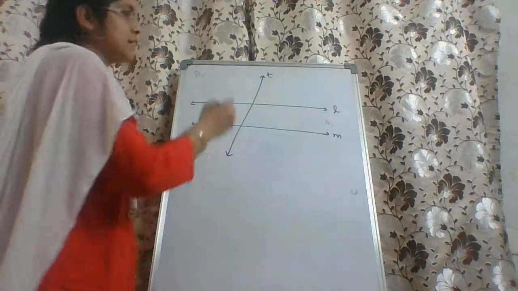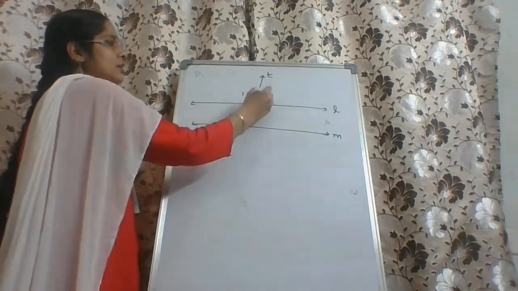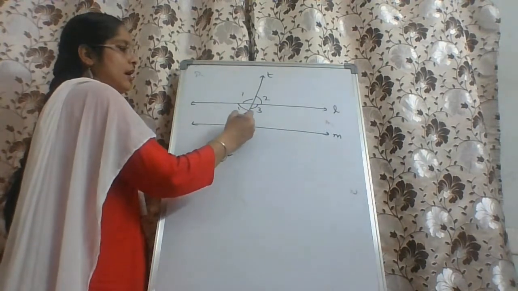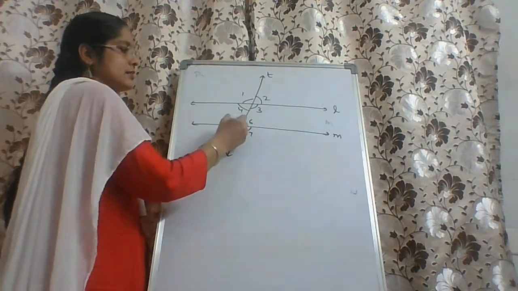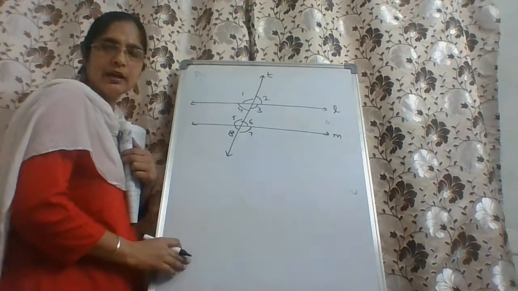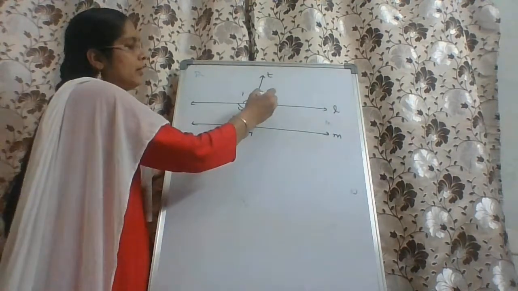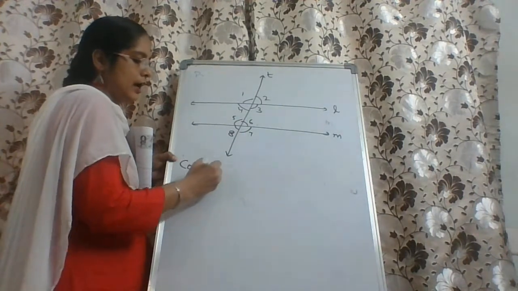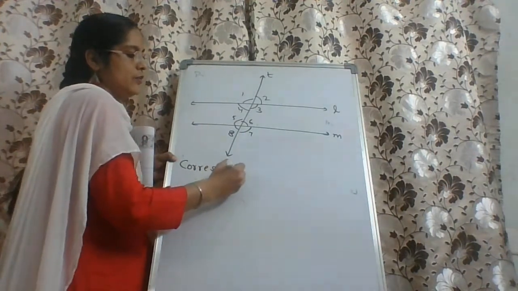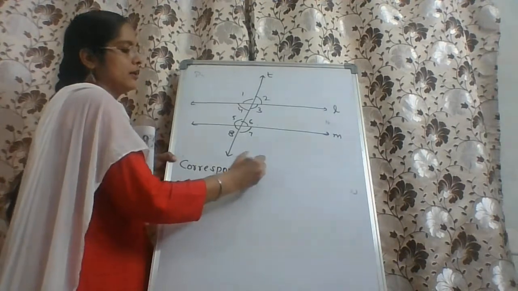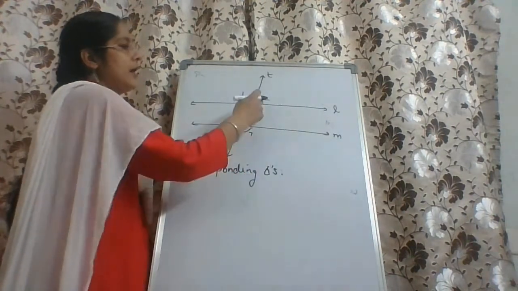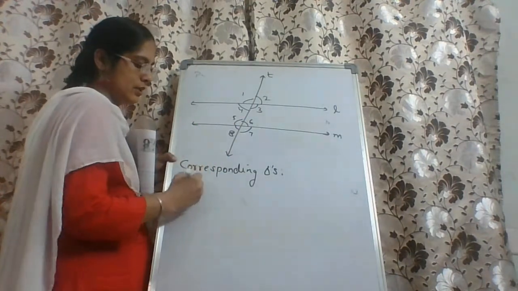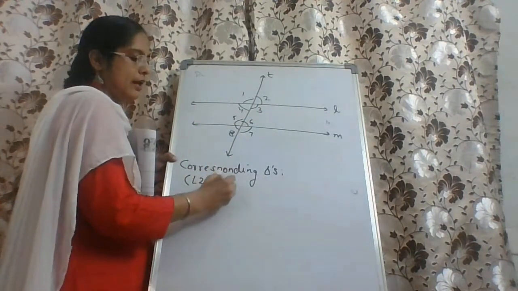Let us name these angles as 1, 2, 3, 4, 5, 6, 7 and 8. Here children, angle 2 and angle 6 are corresponding angles. If you see, these two angles are above the parallel lines and on one side of the transversal. Angle 2 and angle 6.